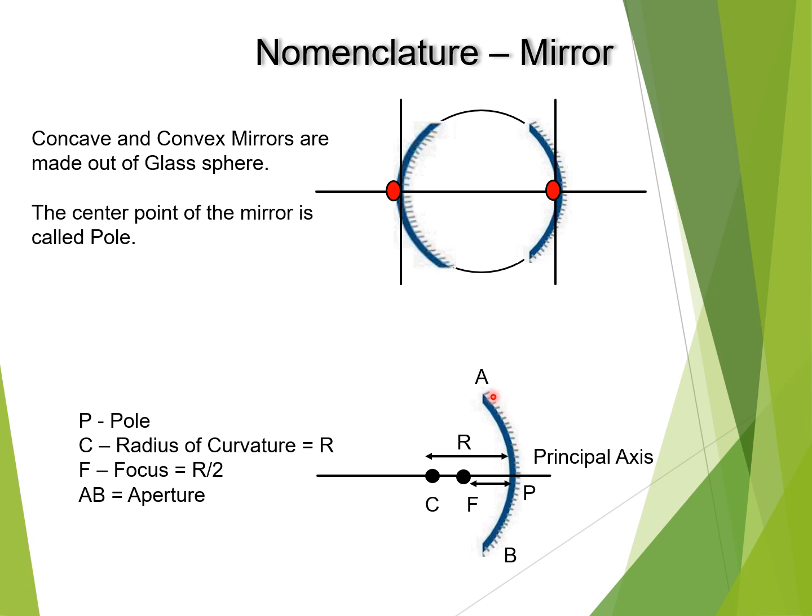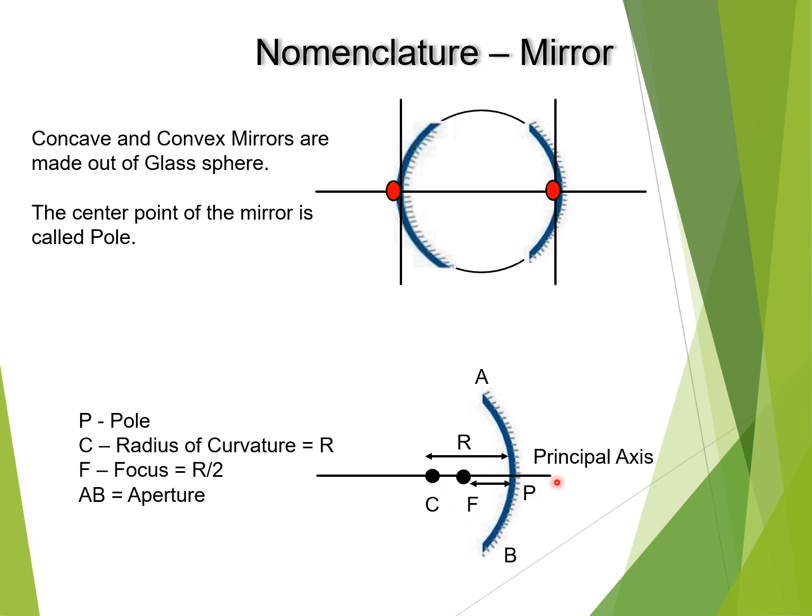Very important. So one is the pole. We can understand once again. Pole is the half point of this circle. Then the center of the circle from which the mirror is made out is called the center of curvature.